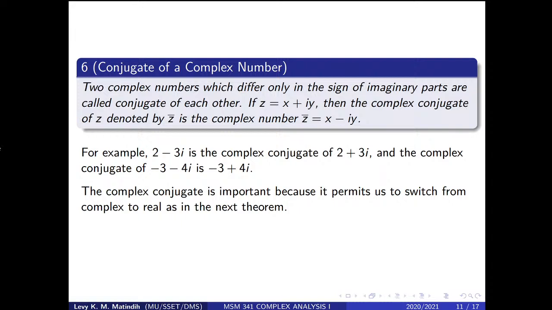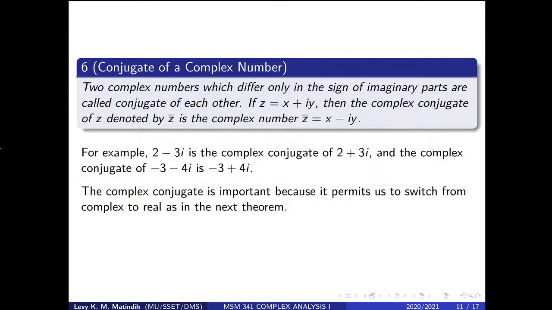Now an example is 2 minus 3i. The complex conjugate of this complex number 2 minus 3i is 2 plus 3i. So in short, either way, we can say 2 minus 3i is the complex conjugate of 2 plus 3i.